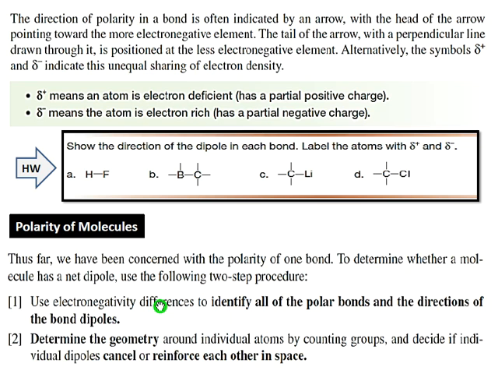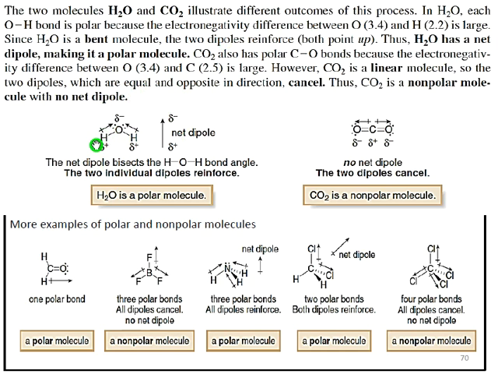Okay, then the geometry is so important, and for the geometry again you have to use your imagination to determine the figure or the position of the atoms inside the space, and determine the geometry around each individual atom by counting groups and decide if the individual dipoles cancel or reinforce each other in space. Look here at this example for the H2O molecule.